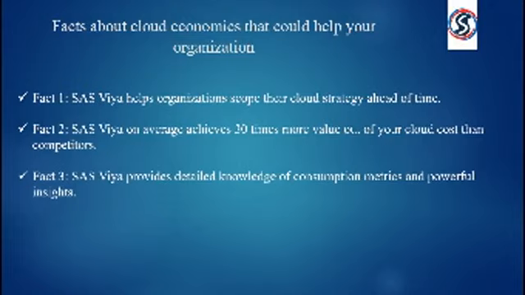So Viya, with visual analytics, helps you avoid these scenarios by accurately scoping your analytics transformation before it is implemented into your cloud migration strategy, or supplementing the cloud strategy already underway.